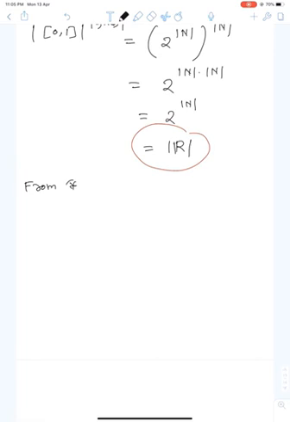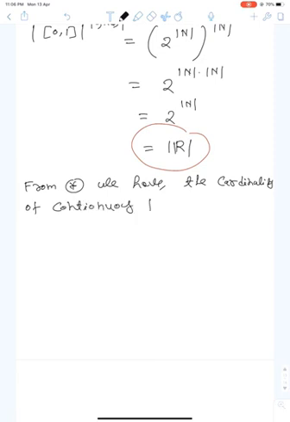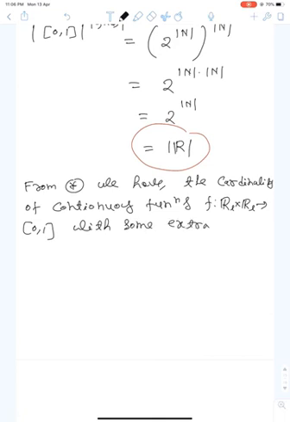But from star we have that the cardinality of continuous functions from RL cross RL to {0,1} with some extra properties is the cardinality of the power set of R, right?